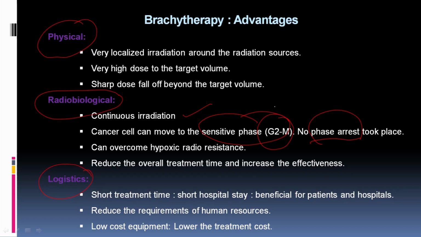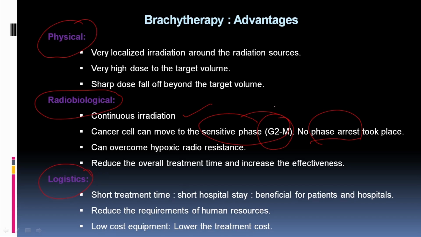And because of continuous irradiation, we can overcome hypoxic radioresistance. At this point, I would like to mention that in a tumor there are three types of components. One is oxic cells, another is the hypoxic component, and another is necrotic or dead cells. The oxic components are very radiosensitive, but the hypoxic components are not.